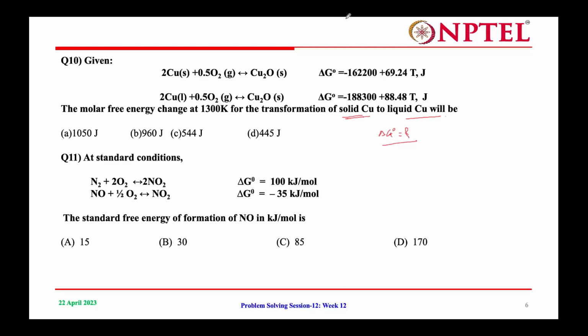Here the relation for delta G is given for reaction 1 and reaction 2. Now here the transformation is solid Cu to liquid Cu. It means we have to proceed with equation 1 minus equation 2, right?